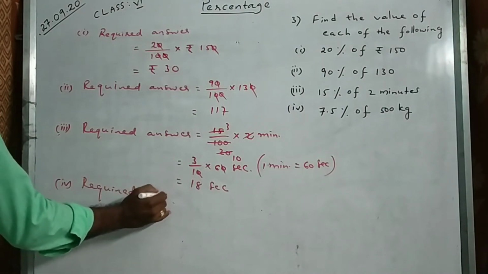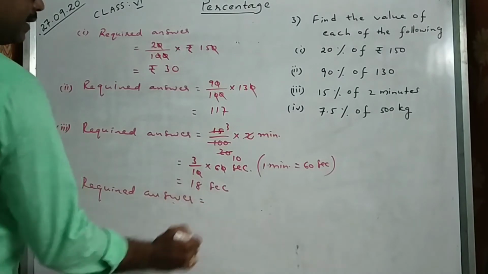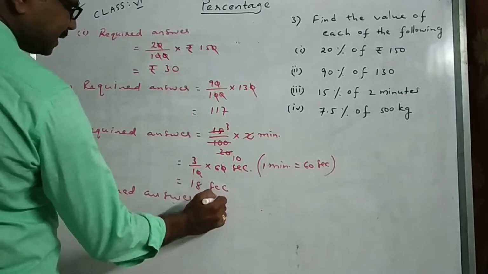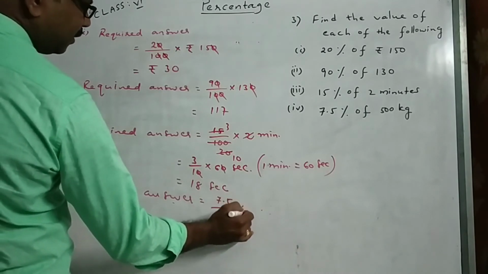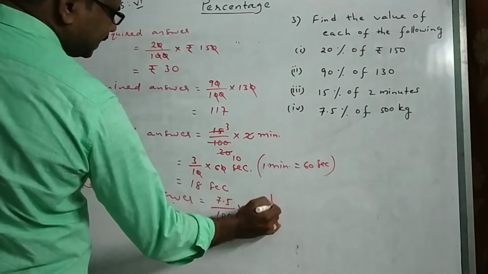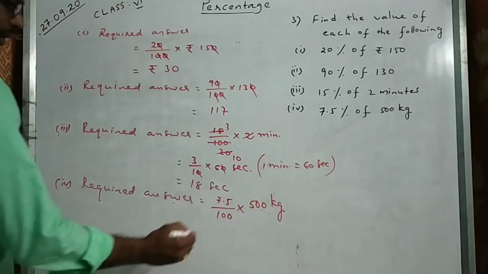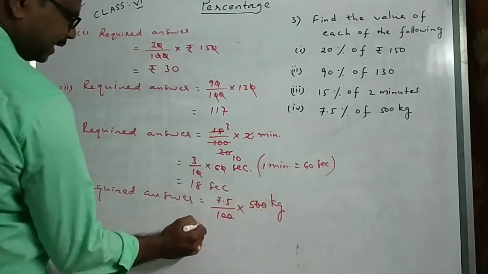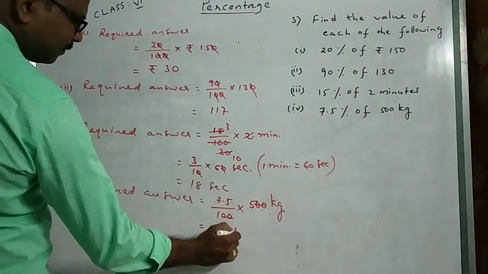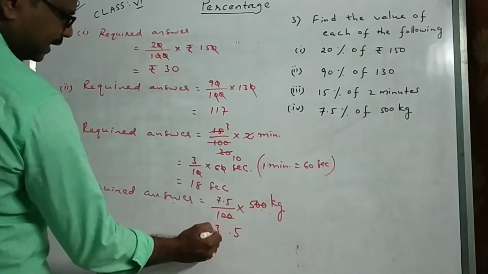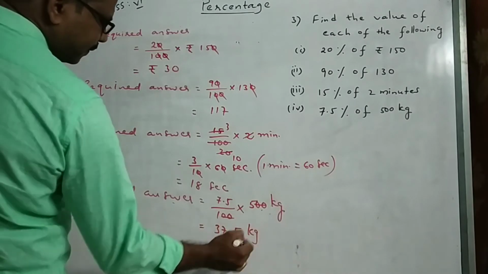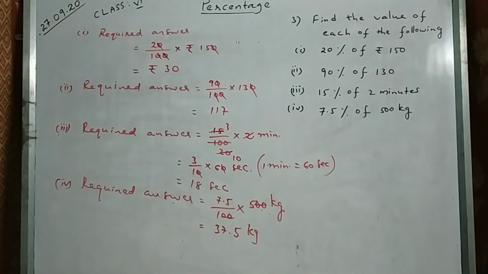Required answer is equal to, last one you see, 7.5%. 7.5% means by 100 into 500 kg. 0 0 gets cancelled. 7.5 5 5s are 25, 5 7s are 35 plus 2, 37 kg. So 37.5 kg.